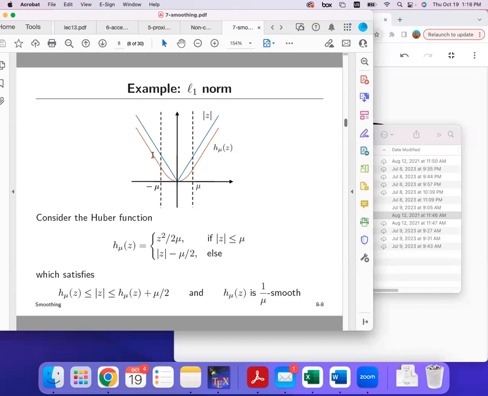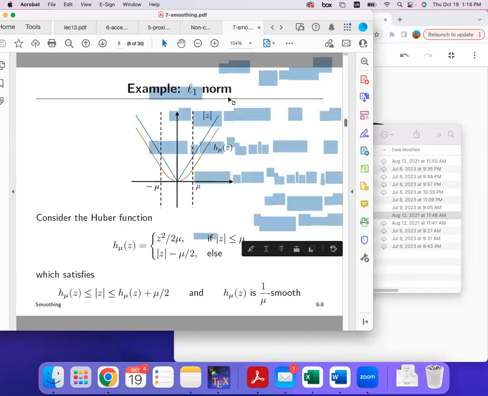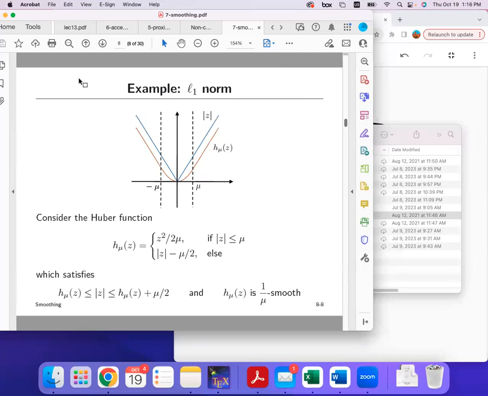So the blue line is the L1 norm. It is not differentiable at this point, therefore it is not smooth. But we know it's Lipschitz continuous. So this is our original function, the absolute value of z.